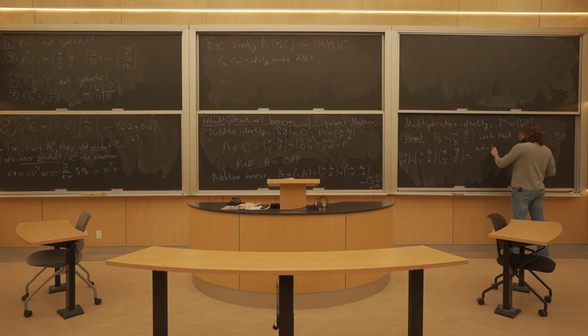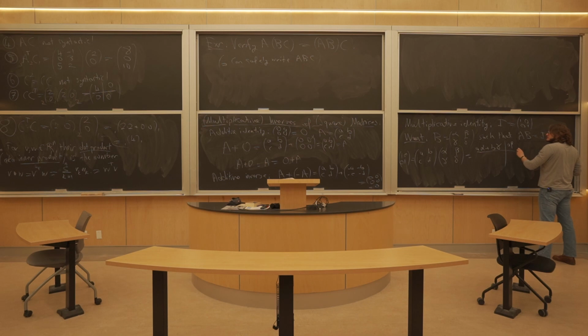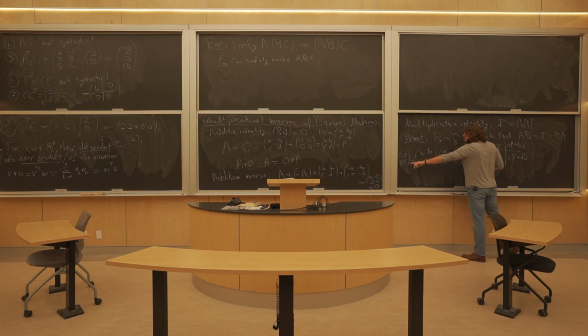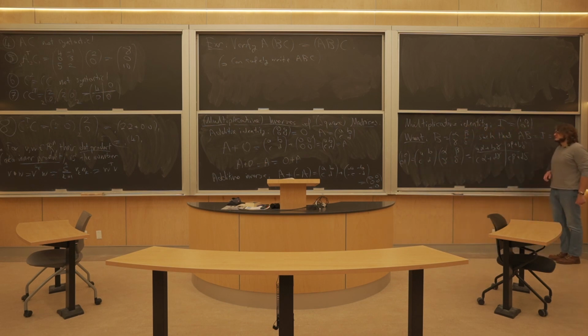A alpha plus B gamma, A beta plus B delta, and then C alpha plus D gamma, and then C beta plus D delta. Okay? So now, in order for this to be equal to this matrix, it has to be the case that the corresponding entries are the same.